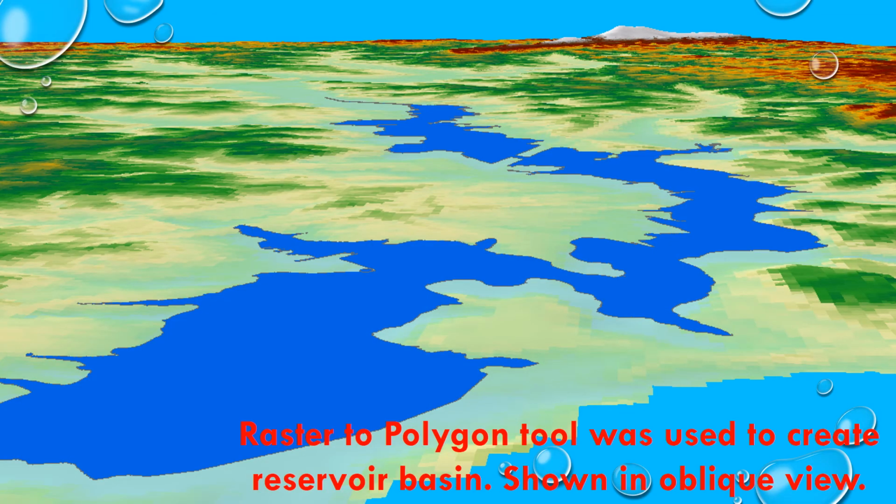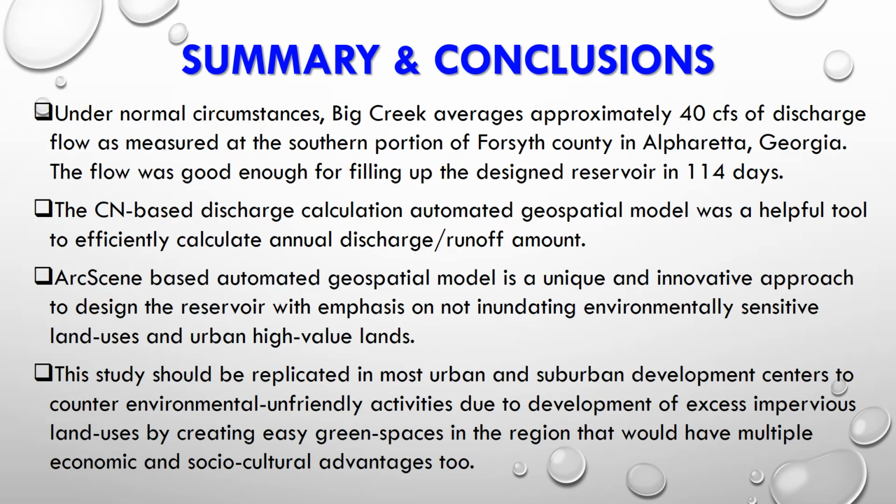And finally, we used the raster to polygon conversion tool to create the reservoir basin area, the surface area, which is shown in an oblique view. So we were successful in designing this small reservoir using the proper engineering approach. At the same time, we made it environmentally friendly and also friendly towards the urban and suburban centers.